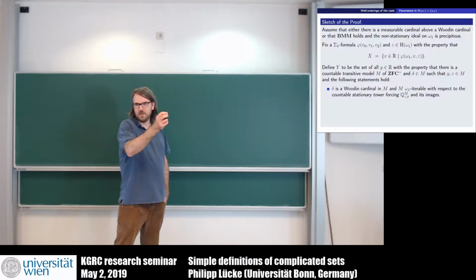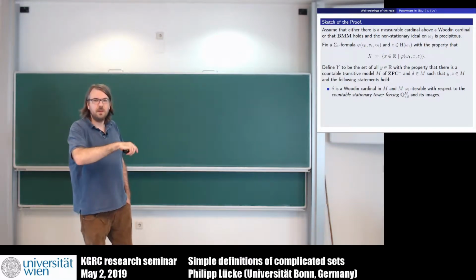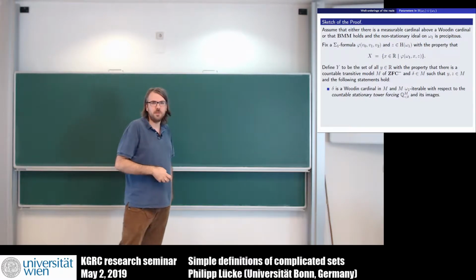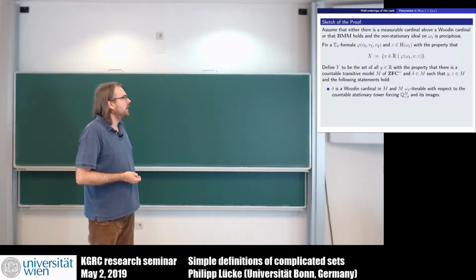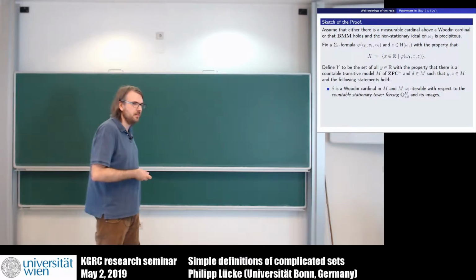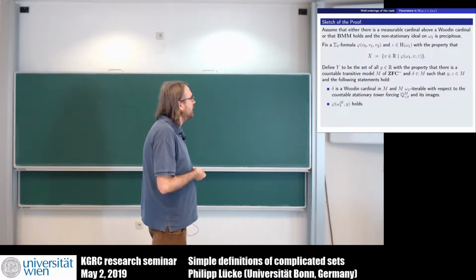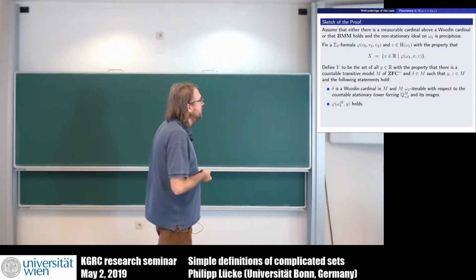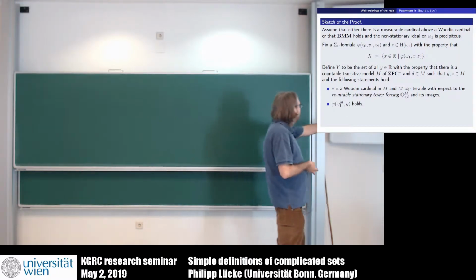So you do some forcing to get an elementary embedding, and the assumption is that you can iterate this up to omega 1, which is the same as saying you can do it for all countable ordinals. And this formula holds in the model with its omega 1.